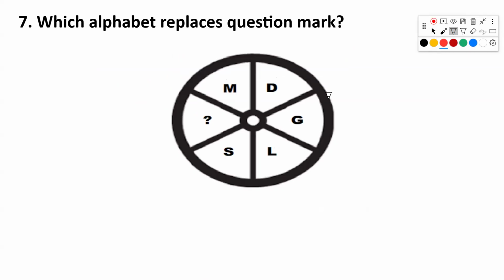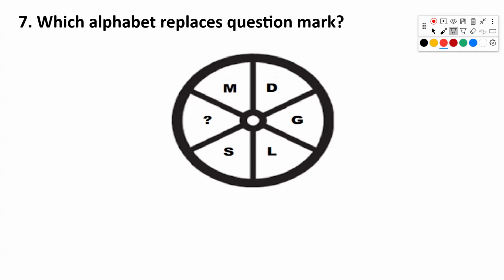Okay, so now repetition of the same logic, whatever we used previously. Start from the least letter and then go clockwise. Same logic now.